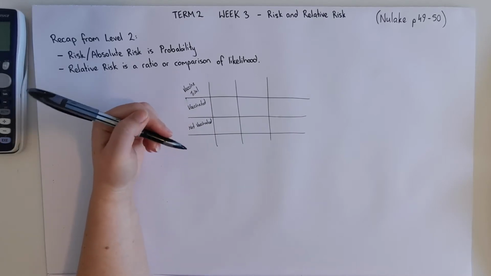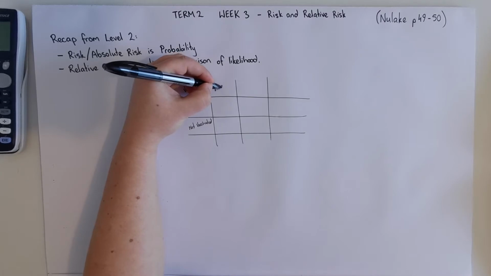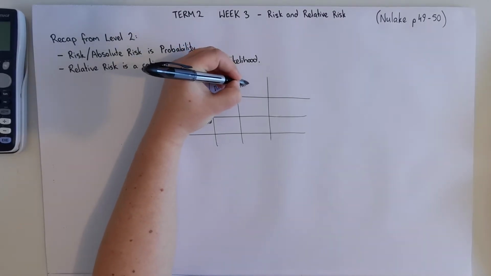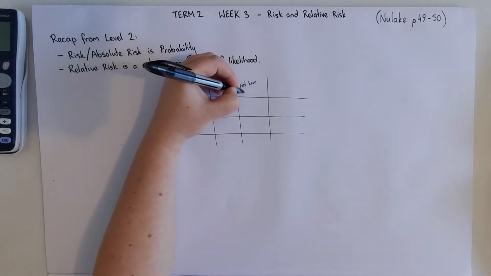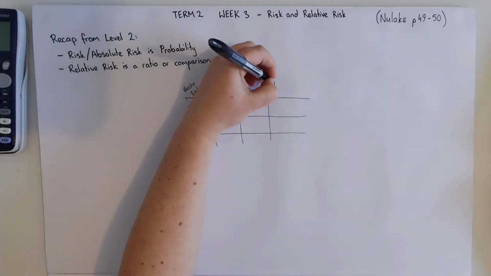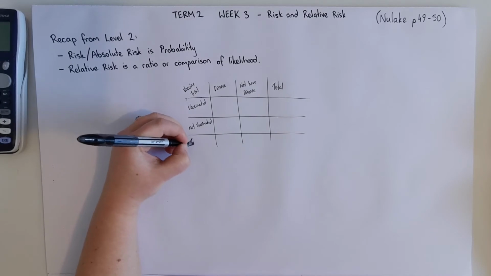As a result of these vaccinations, this person may have a particular disease, or they may not have the disease. Of course, we may also have our totals written in here for us.